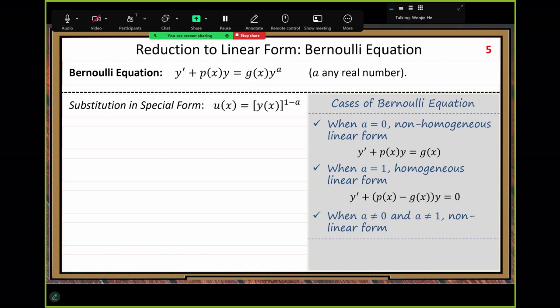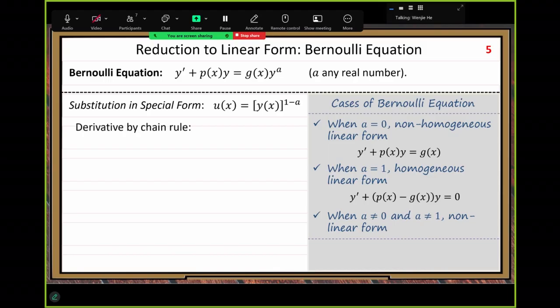You just introduce a new variable u. u has the form y to the 1 minus a. Then, after cancellation and simplification, you will get our old familiar ODE form. We know how to solve the old familiar form.